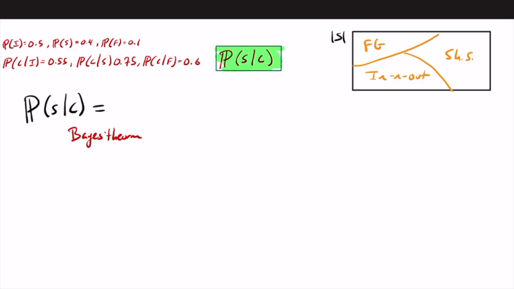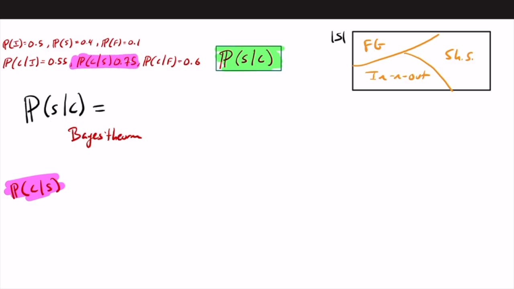Maybe I'll just write that as a little aside. We have the probability of a correct guess given Shake Shack, but we want the inverse of that.